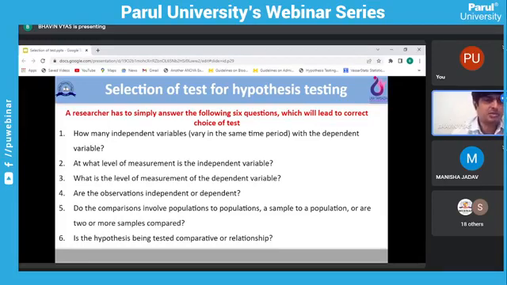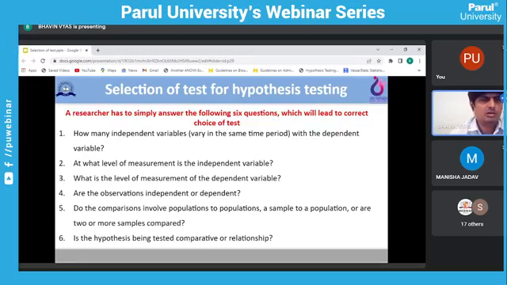How many levels does the independent variable have, meaning is it only 1 point or one dose, or 3 different doses? One dose is one level, 3 doses means 3 levels. So what is the level of measurement of the independent variable?